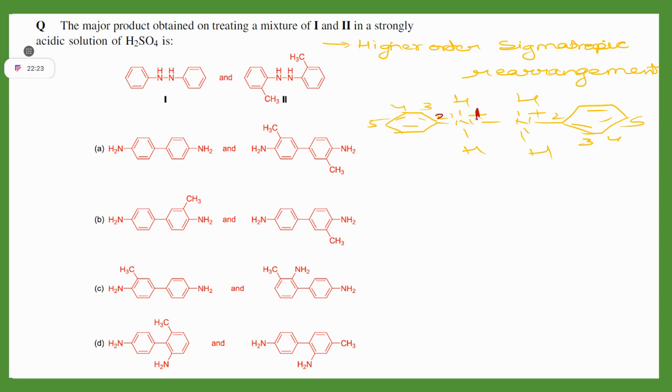Let me number from this pen. 1, 2, 3, 4, 5. Okay. So this bond will go here. This bond will go here. This will go here. And you will get like this.